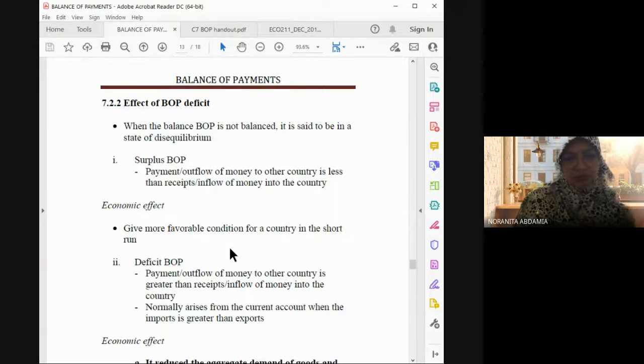Sebab if we have this situation in Malaysia, for example, if we are facing the surplus balance of payment, katakan untuk 5 consecutive year, 5 tahun berturut-turut Malaysia have the surplus balance of payment, shows that what? Our export is in a very good position, right? Very good condition, we have very good return, betul tak?